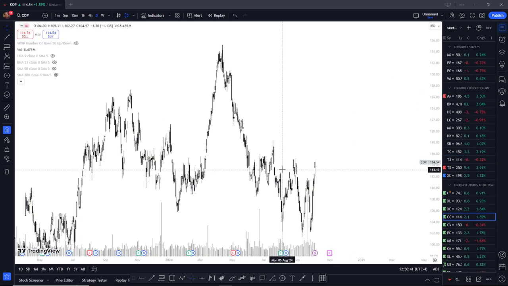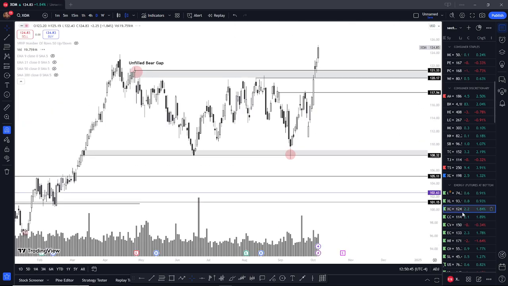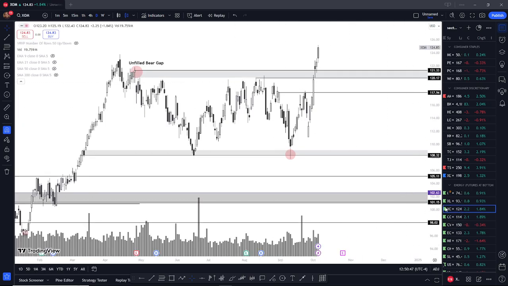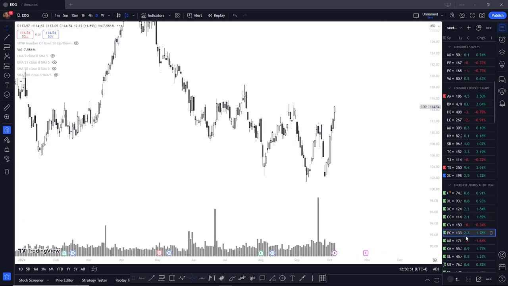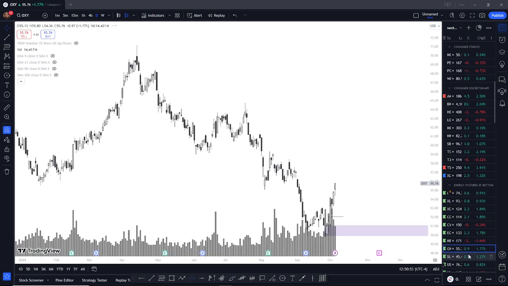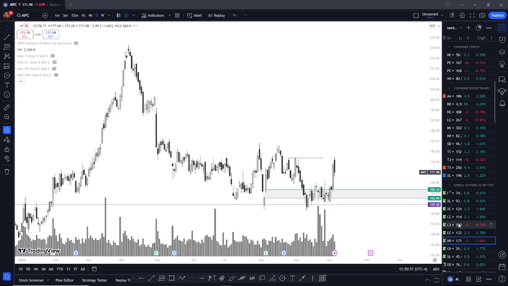Don't even know what that is, but energy. So I'm going to have a couple of focuses around energy for sure. Some of these names are way too spready for me personally. Do I think these moves can continue? 100%.